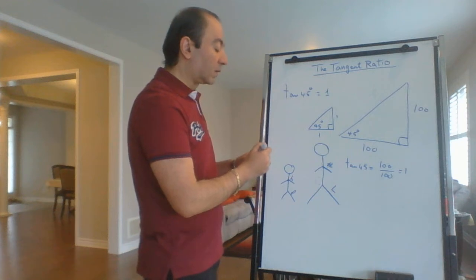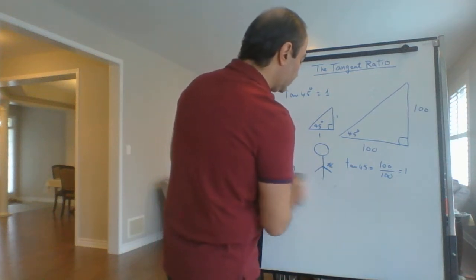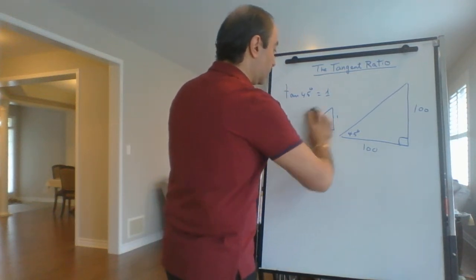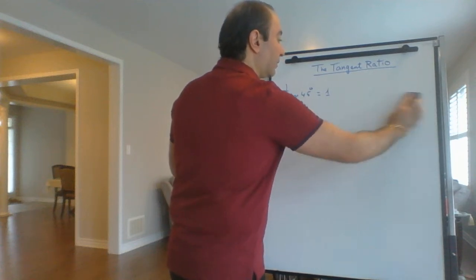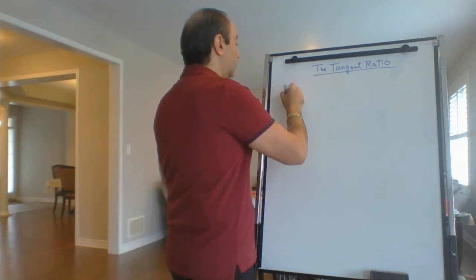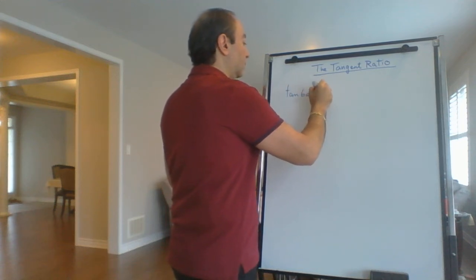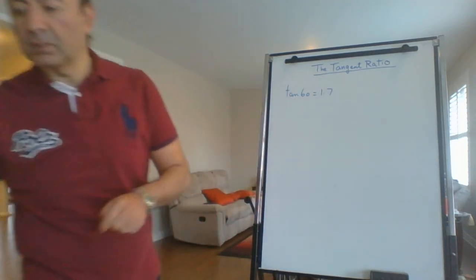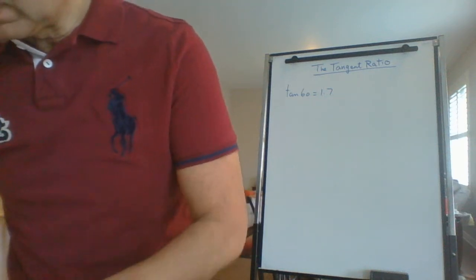So no matter what, tan 60 is 1.73. What did I get? 1.7321.